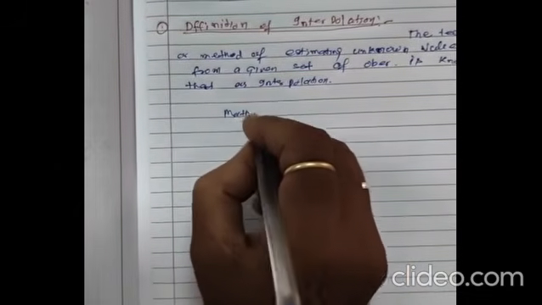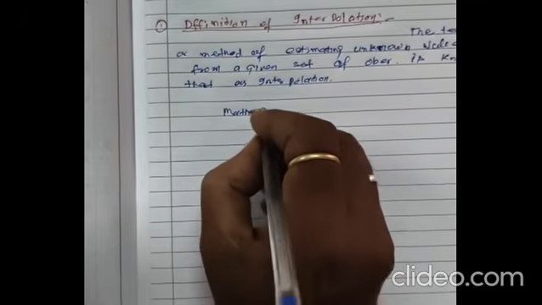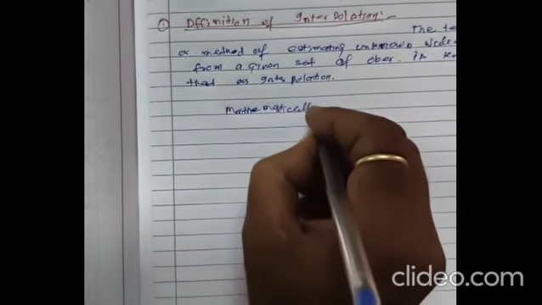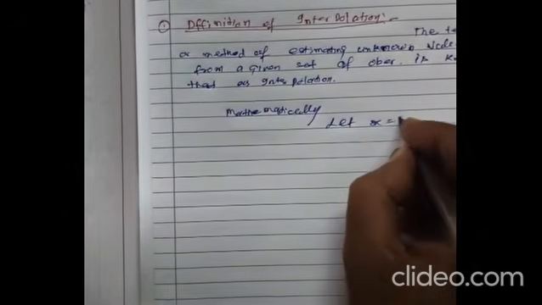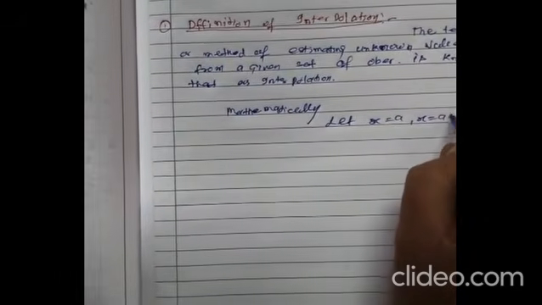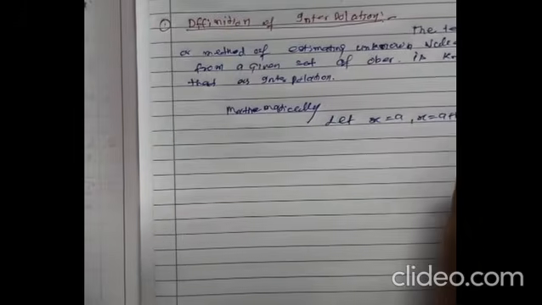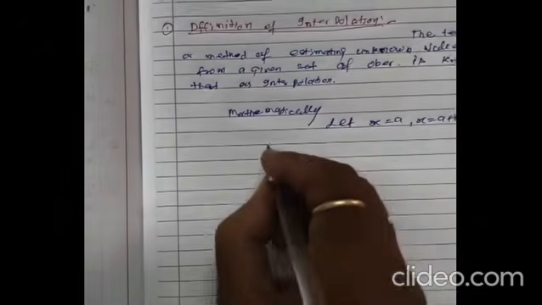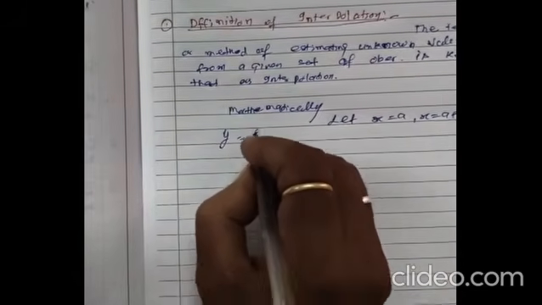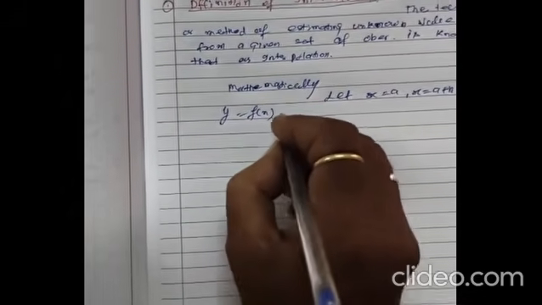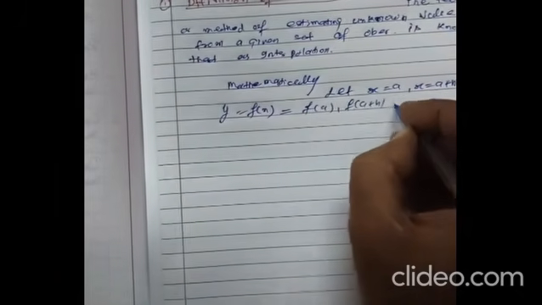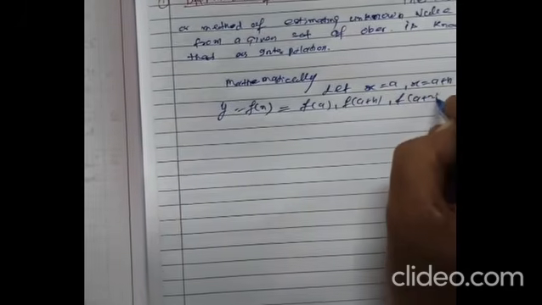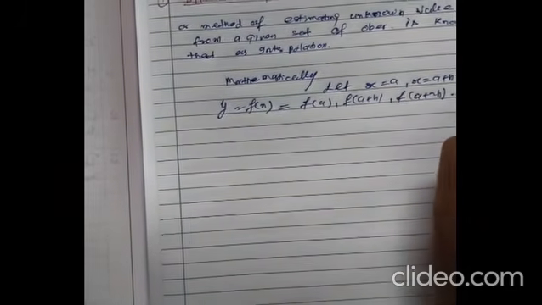Mathematical: let x is equal to a, x is equal to a plus h, a plus 2h and so on, and y is equal to function of x, that is f(a), f(a plus h), f(a plus 2h) and f(a plus nh).